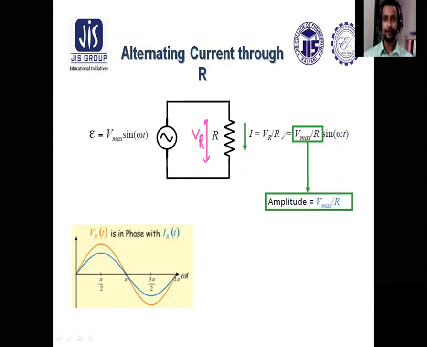Now if we apply KVL in this entire loop, VR equals E. That is why we can substitute this VR by Vm sin omega t, and finally we'll get this equation. Clear?